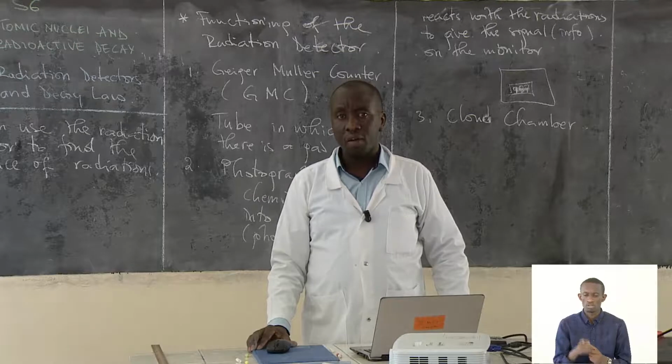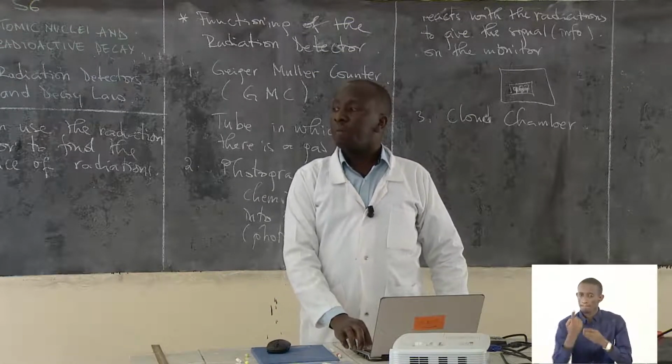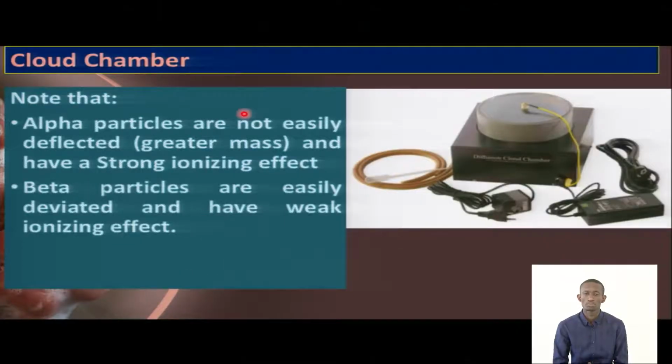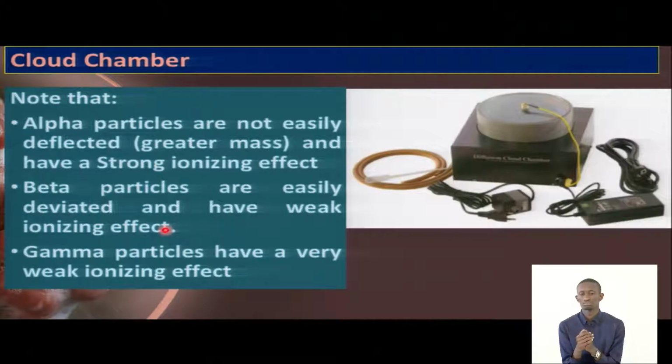Number one is the alpha particle. They are not easily diffracted and they have a strong ionizing effect. Number two, beta, has a weak ionizing effect. And the last one is gamma.